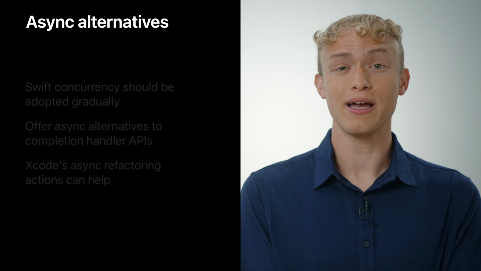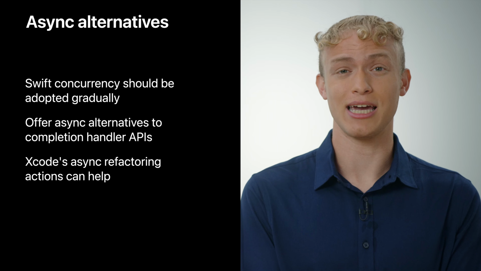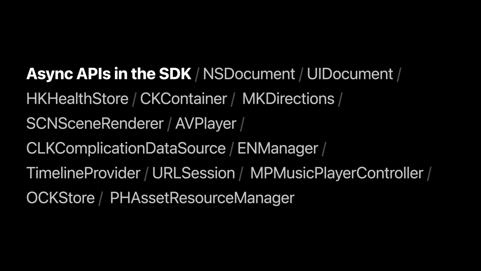We finished up migrating all the places we were calling the fetch thumbnail function, but our app has a lot more opportunities to adopt async await. To get up and running quickly, we recommend starting small with an async alternative to an existing API. The SDK offers hundreds of APIs that take completion handlers because they do work on your behalf in an asynchronous manner.